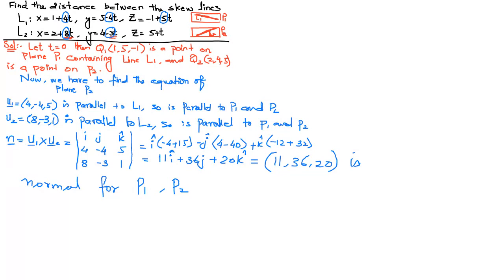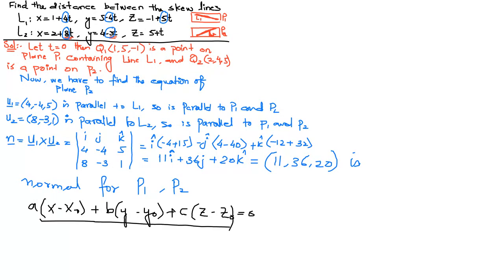What is the equation of the plane? a times x minus x naught plus b times y minus y naught plus c times z minus z naught is equal to 0. This is the equation of the plane.